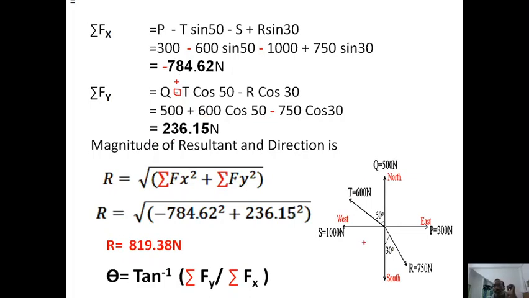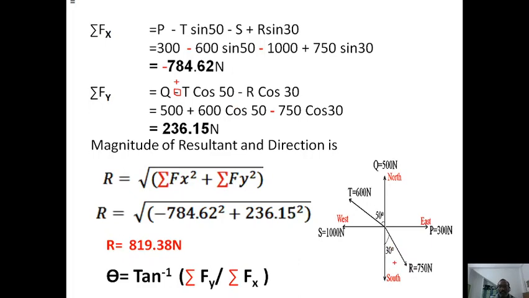Again I am looking for any other force. S is purely along the negative x-axis, hence its contribution towards sigma Fy is nullified, and the remaining force R is inclined and acting downward. Since it is acting downward, it is negative, right?